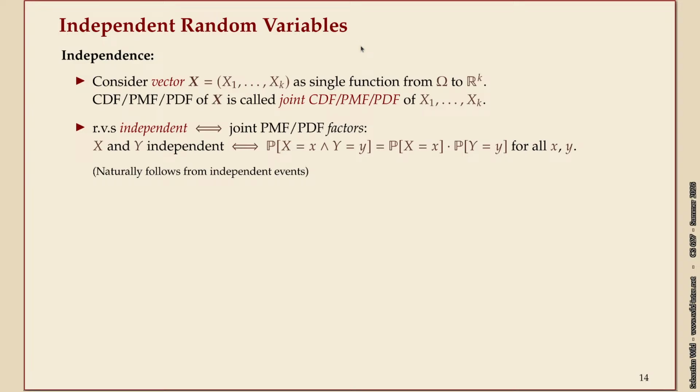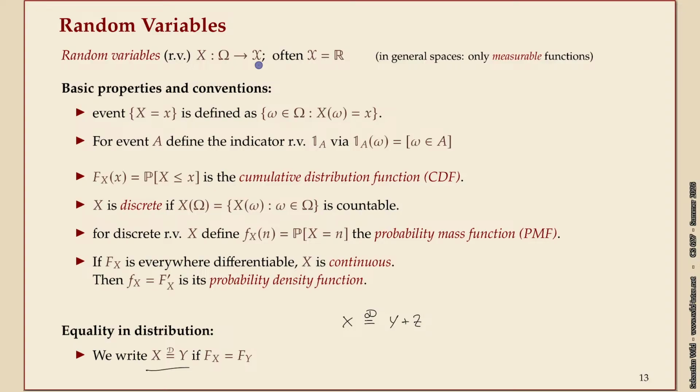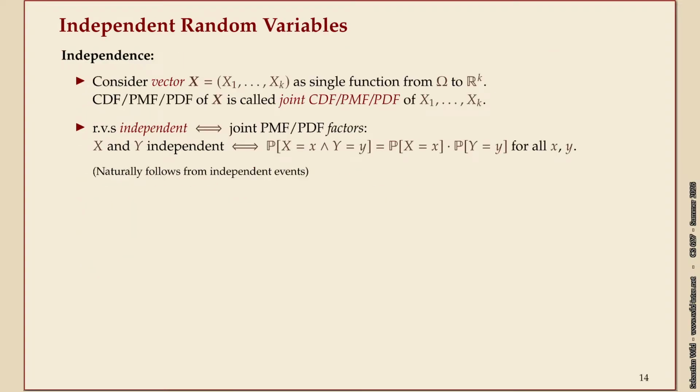All right, we've talked about independence for events. You can also talk about independence for random variables. And the way to think about this is random variables here, they can map to any kind of set X. Often we'll think of that as real numbers, but it could also be multidimensional. It could be mapping to R to the K. And then for this vector X, the vector random variable, we'll just call these functions that we just defined, the cumulative distribution function, or the probability mass function, or the probability density function, the joint versions.